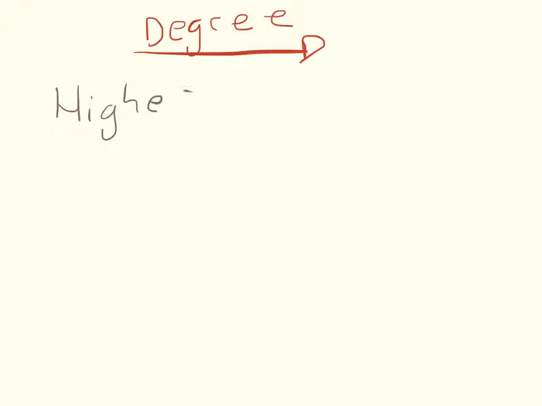Alright, the last part we need to know about polynomials is something called the degree of the polynomial. So this degree, the degree just means what is the highest power in our expression.